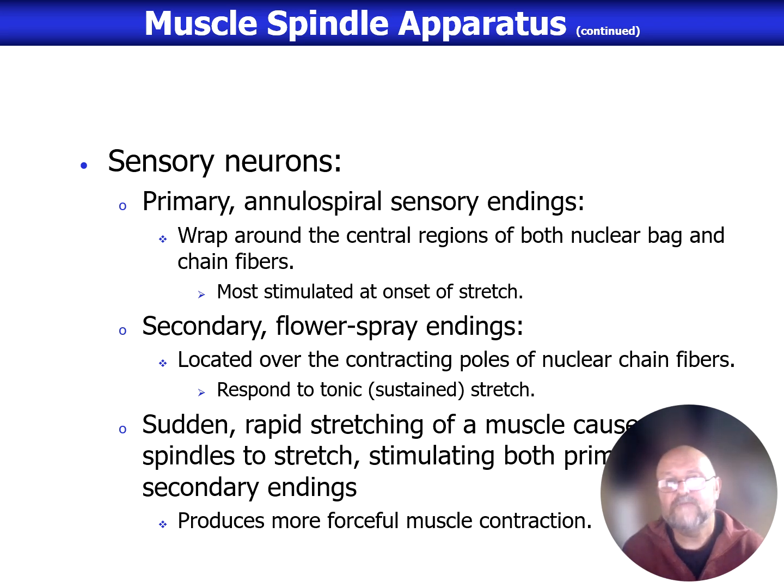So we have primary and secondary sensory endings, and again there's more information within the slide, but I really just want you to take the understanding that there are sensory neurons picking up the information from the muscle spindles and the Golgi tendon apparatus. Any sudden rapid stretching of a muscle causes the spindles themselves to be stretched, stimulating both the primary and the secondary sensory endings.